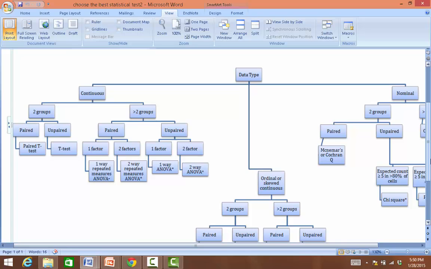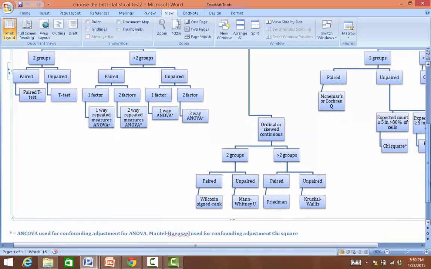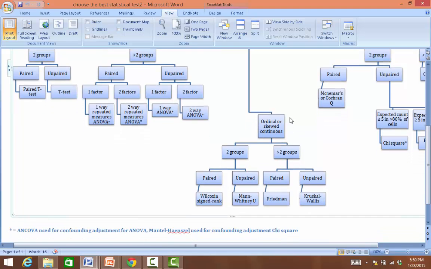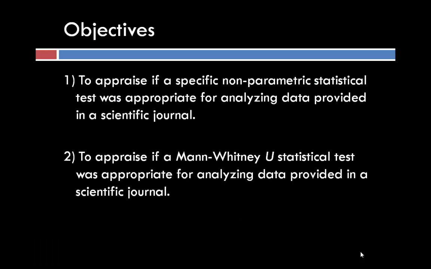So fortunately, statisticians have devised inferential statistical techniques that are appropriate for testing the null hypothesis with nominal or ordinal data. And we're going to begin the next set of lectures with looking at what we would use for ordinal or skewed continuous data. And we're going to begin with the Mann-Whitney U-test, which is what we would use if we have two groups of unpaired data.